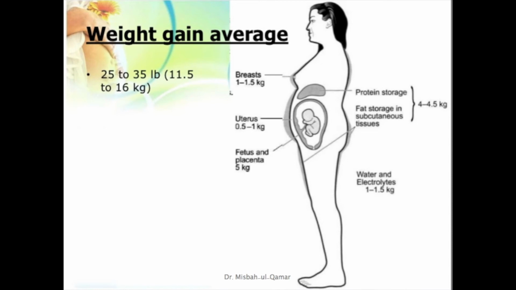Of this, about 7 pounds is fetus, and 4 pounds is amniotic fluid, placenta, and fetal membranes. The uterus increases about 2 pounds, and the breasts another 2 pounds. Of the rest, 9 pounds, about 6 pounds is extra fluid in the blood and extracellular fluid, and the remaining 3 pounds is generally fat accumulation.